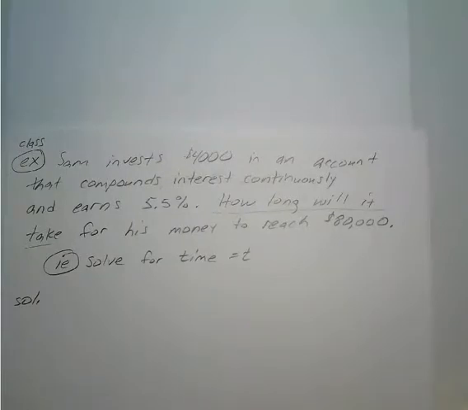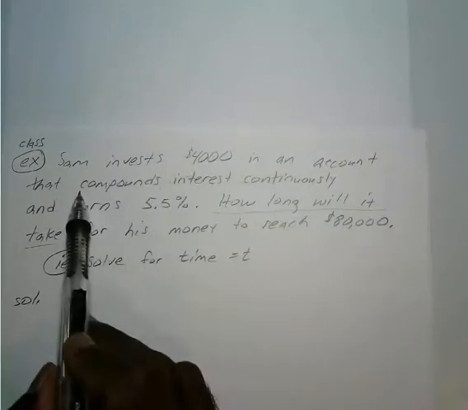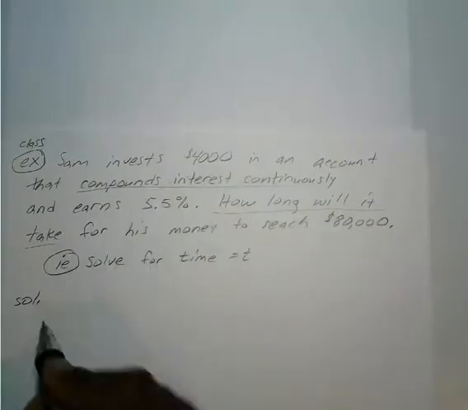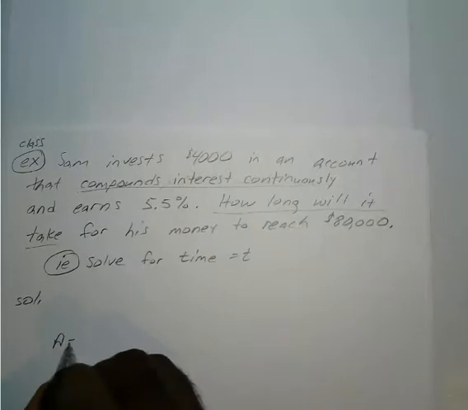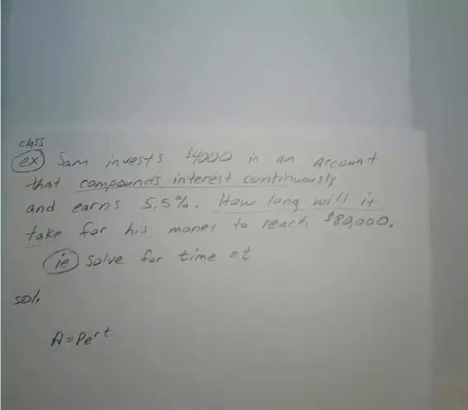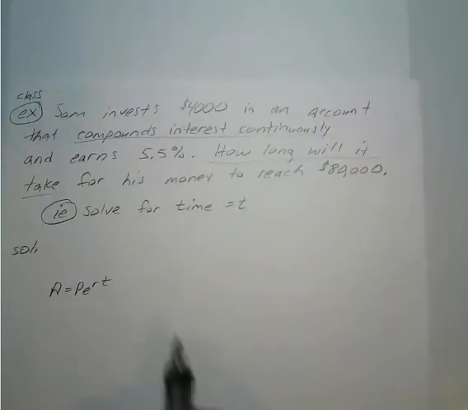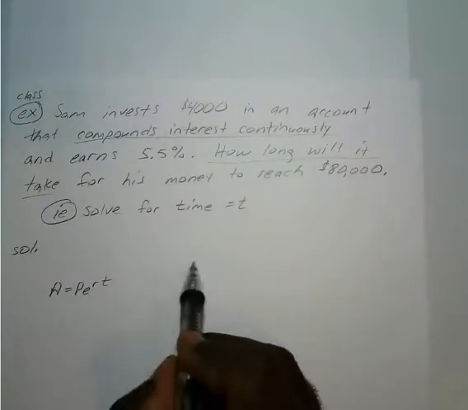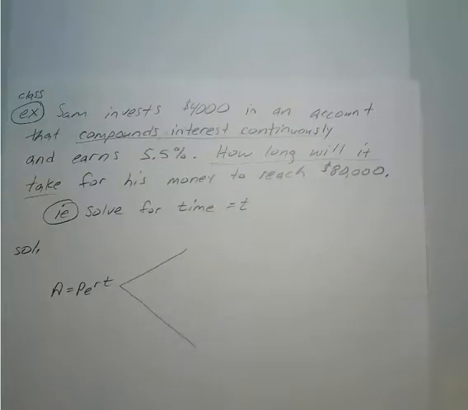Alright, so assuming you've pressed pause and you've worked this one out, let's go ahead and verify your answer. Okay, so you see it compounds continuously, so we already know which formula we're going to use. Okay, so now all we have to do is find all of our values.